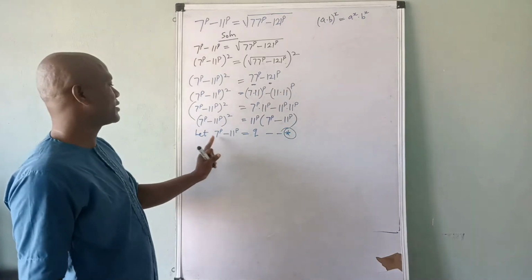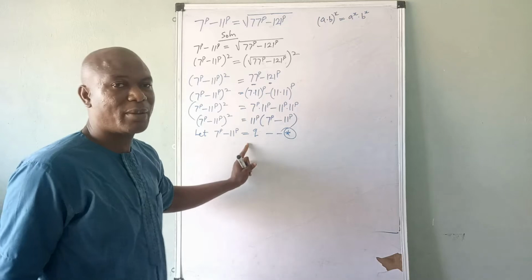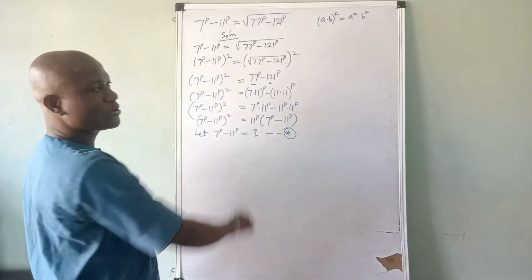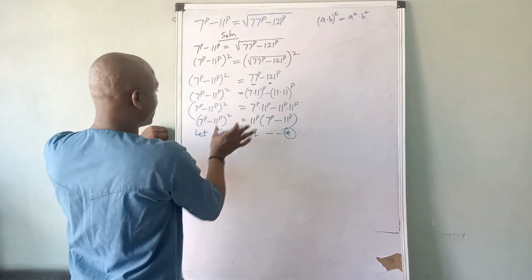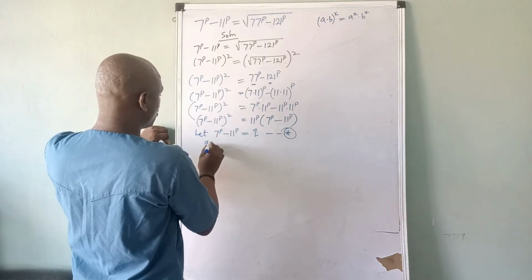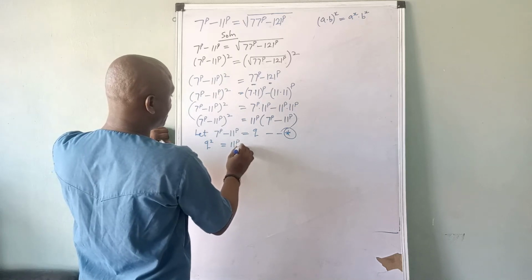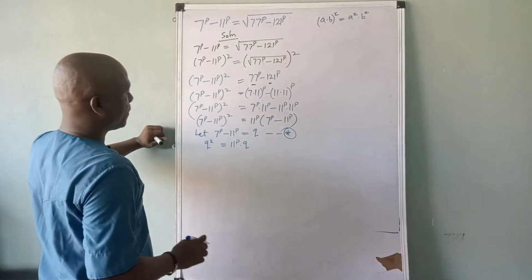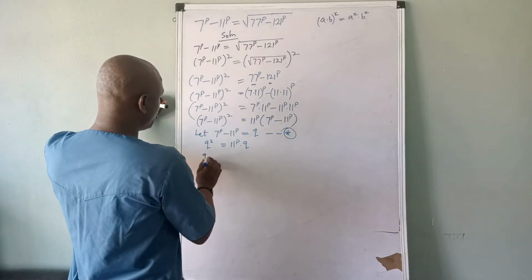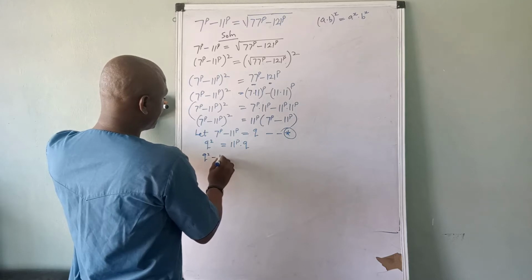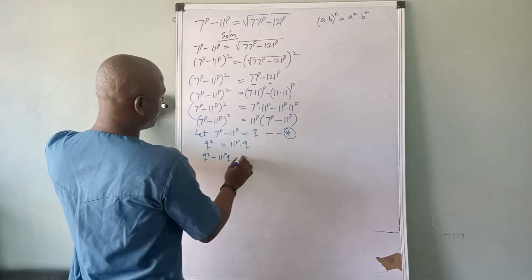With this, anywhere we see 7 raised to the power p minus 11 raised to the power p, we can just put q there. So doing that, we'll write this equation to reflect this as q squared being equal to 11 raised to the power p times q. If this one crosses over to this side of the equation, you have that q squared minus 11 raised to the power p times q is equal to 0.